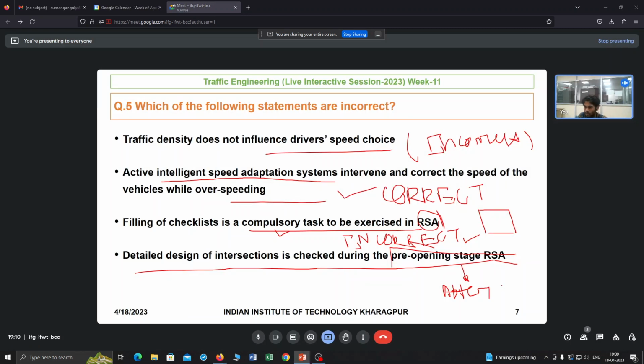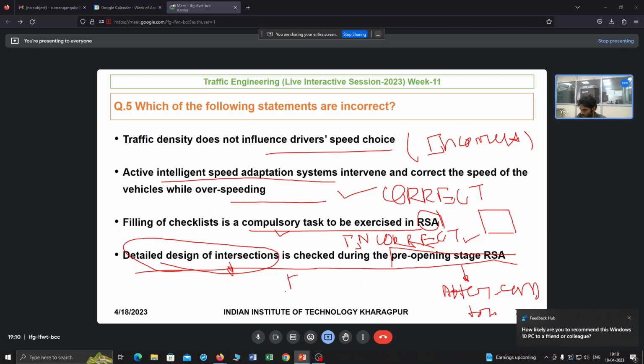So it is after construction. Then how can we check the detailed design of the intersection after our road has been constructed? So it is done at the stage where we check the detailed design, right? So it is also incorrect.